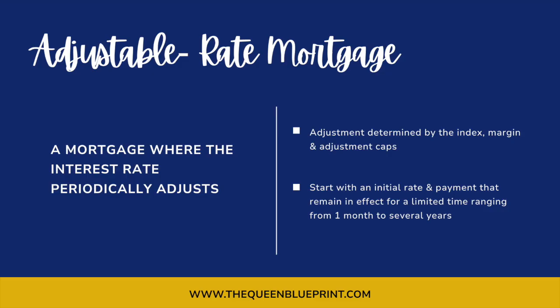Now, you don't really need to know all of those technical terms, but just know that that is what goes into an adjustable rate mortgage. So you usually start with an initial rate and payment that remains in effect for a limited time, ranging from 1 month to several years, and then it changes, okay?